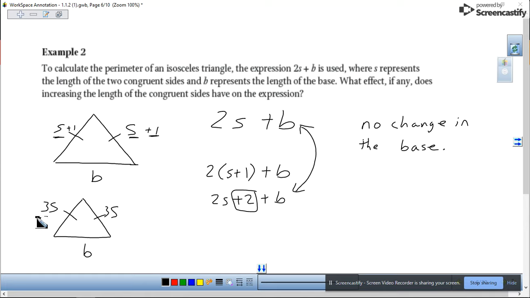Again, we can't visualize that, but whatever s was, we're going to make it 3 times as big. All right, so now instead of adding 2, we have 2 times 3s plus b, because again, we have 2 of those sides. Now it becomes a 6 out front.